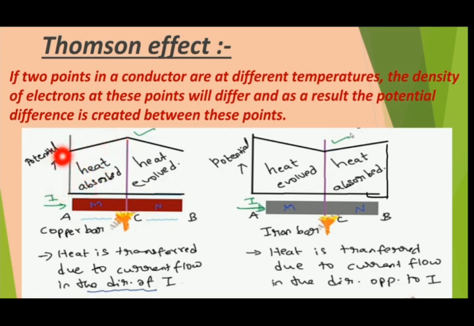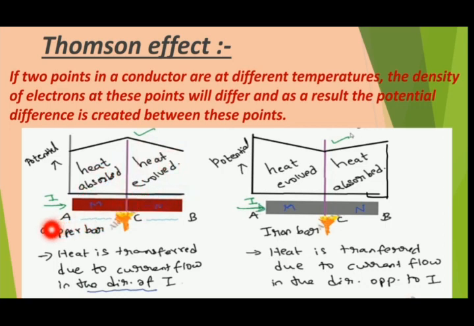This line shows increasing potential, so heat is absorbed. And from C to B, heat is evolved because the potential decreases. That is a decreasing point. C to B heat is evolved. This is known as positive Thomson effect.